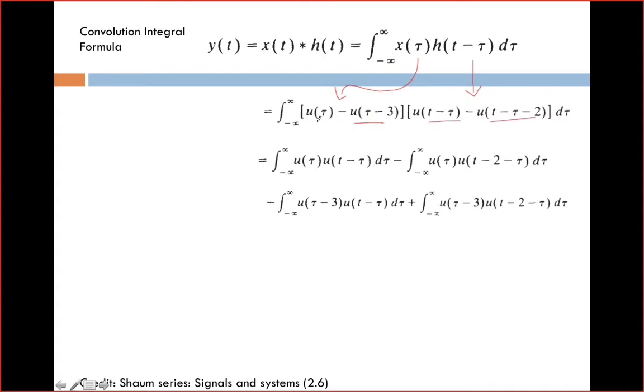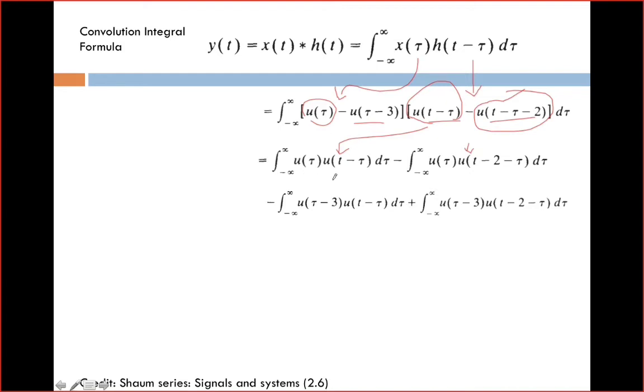Now we are going to multiply these two functions, and I am going to decompose it into 4 different parts. Multiplying u of tau and u of t minus tau, I will get this one. Then u of tau into u of t minus tau minus 2, I will get this one. It is like multiplying a plus b into a minus b, multiplication of two different functions.